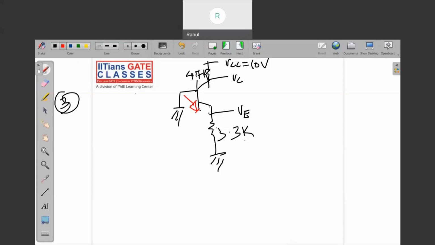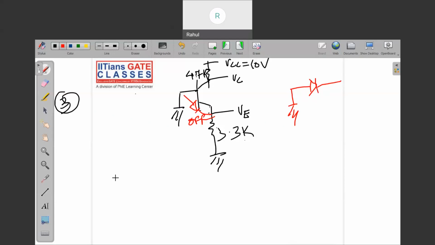If it is grounded and there is a diode, this diode is not an ideal diode. It demands 0.7 to turn on. So in this entire configuration the BJT will not be in active or saturation, it will be in cutoff region, because this diode will be off.